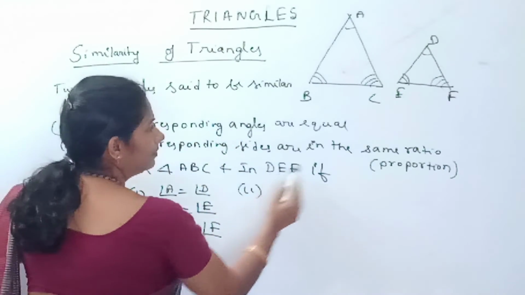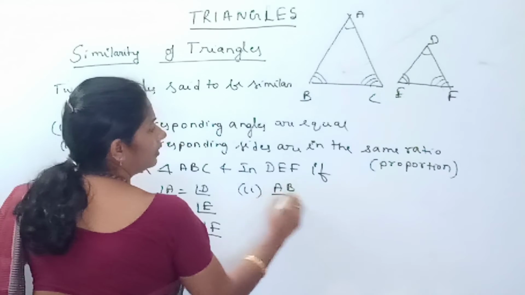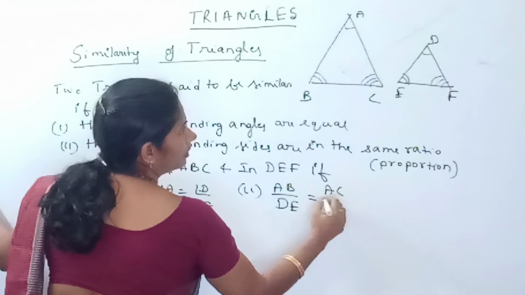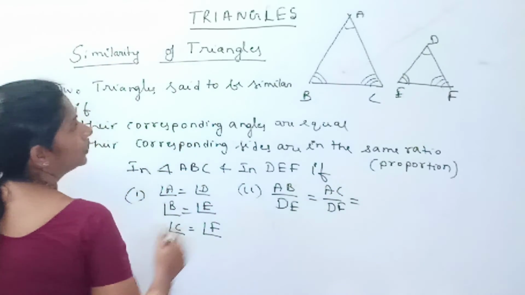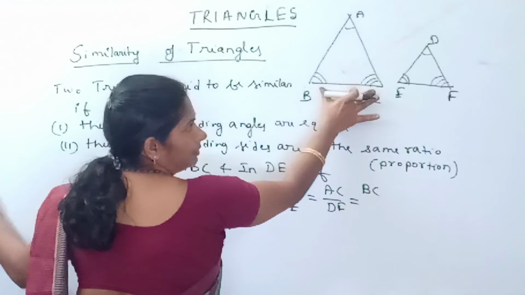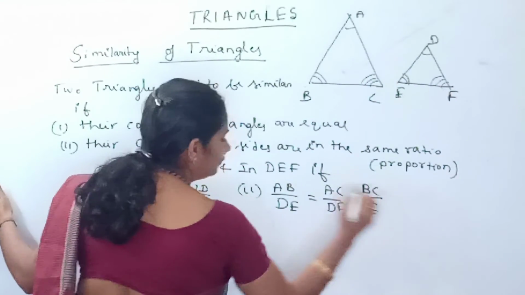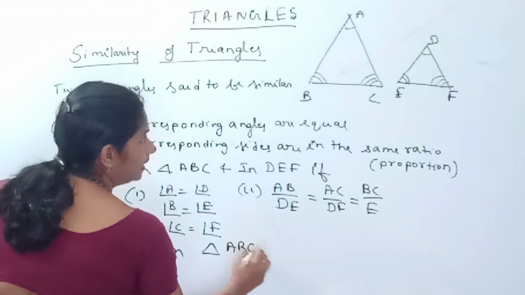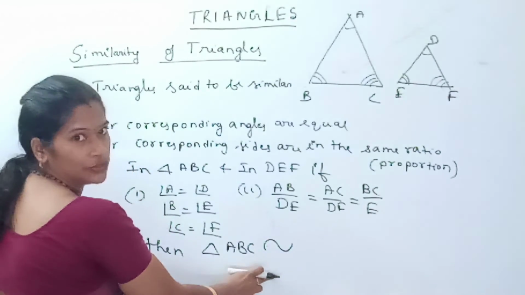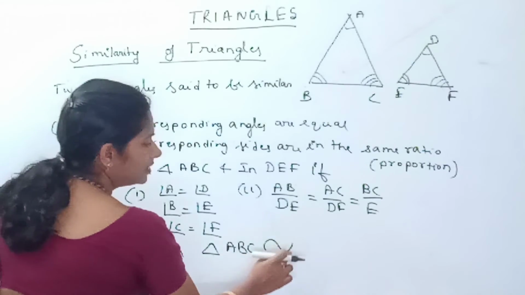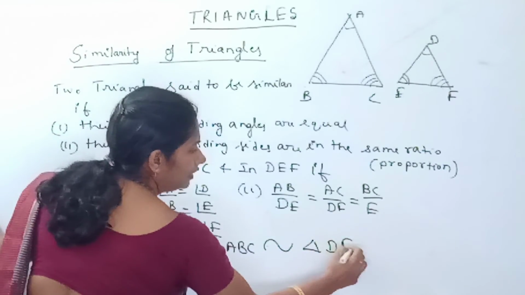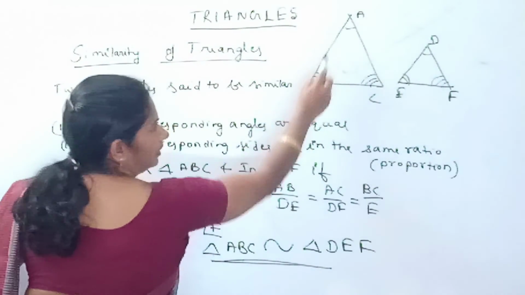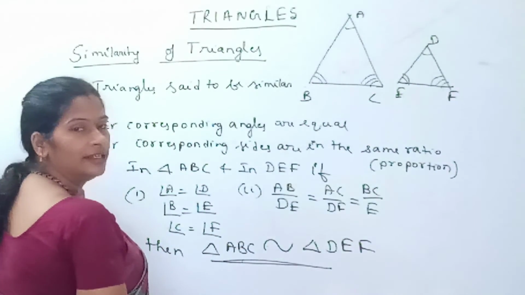Corresponding sides are in the same ratio, means AB by DE equal to AC by DF equal to BC by EF. Then we can write triangle ABC is similar to triangle DEF. If these two conditions are satisfied, then you can write triangle ABC is similar to triangle DEF.